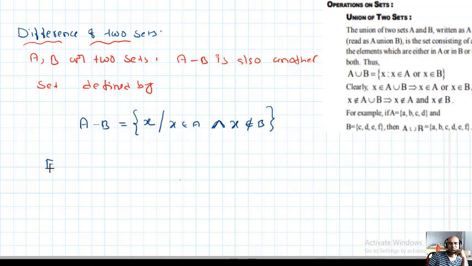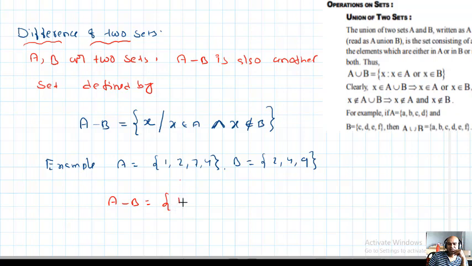For example, A is given as 1, 2, 7, 4 and B is given as 2, 4, 9. You want to find A minus B. You write A as it is first: 1, 2, 7, 4 minus 2, 4, 9.